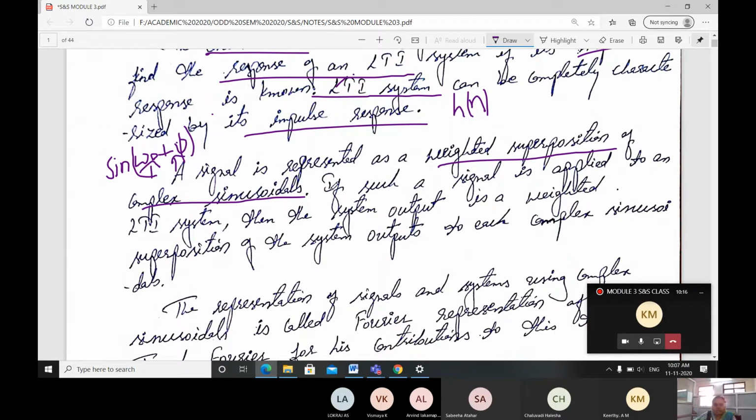If such a complex sinusoidal signal is applied to the LTI system, then the system output is a weighted superposition of the outputs of each complex sinusoid. That is the meaning of our LTI system.